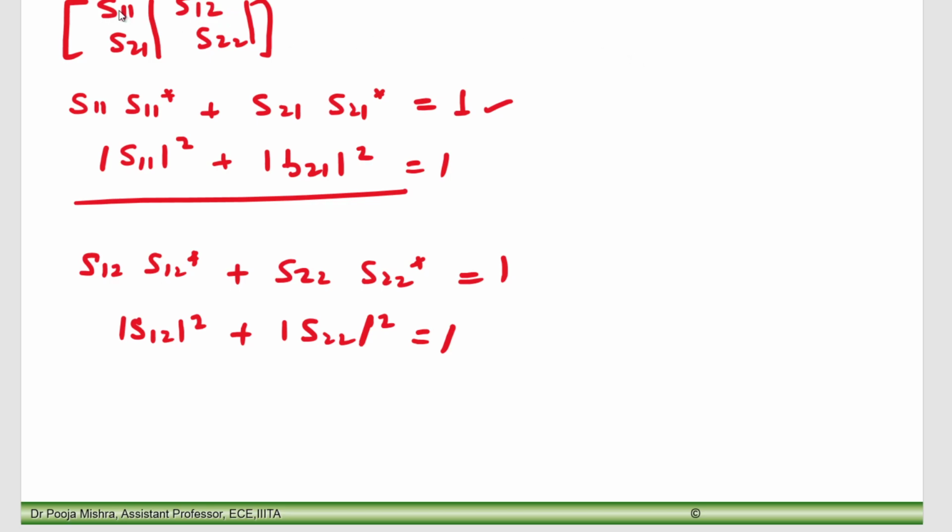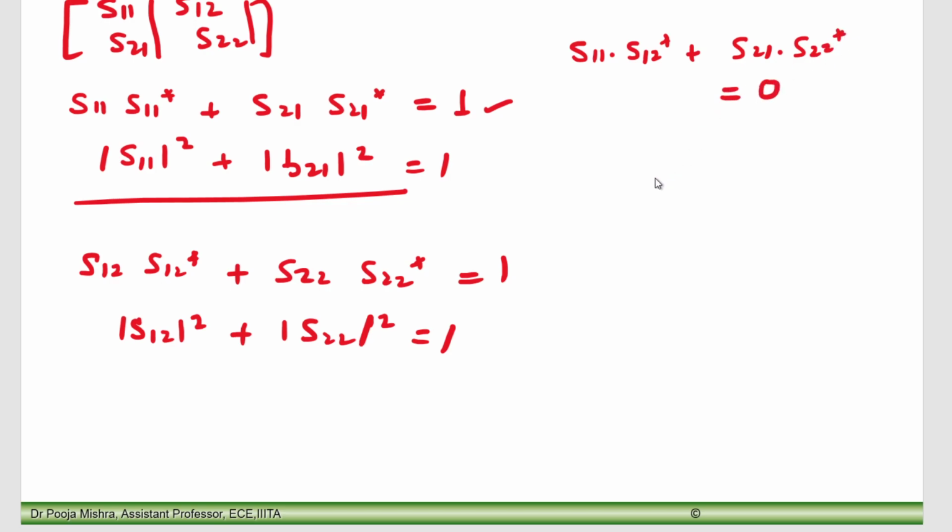So what we'll do is multiply the element of the first column by the conjugate of the element of the second column, and take the sum of these products, and this should give you 0. So first column element S11 multiplied by the second column conjugate S12, plus S21, first column element, multiplied by the second column conjugate S22.